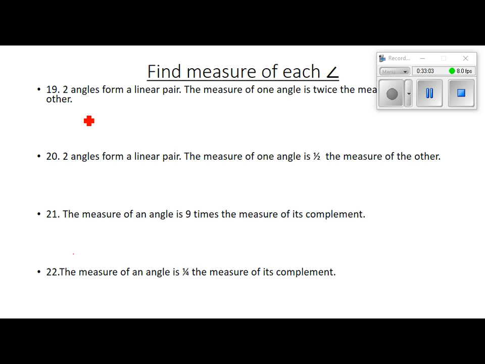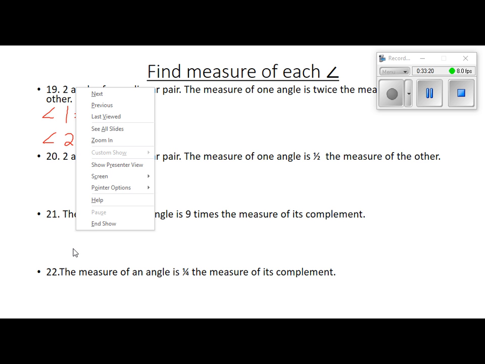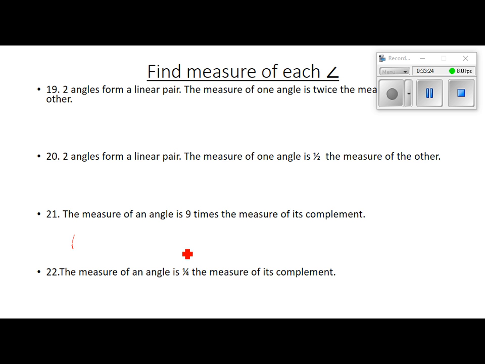Anytime you see a word problem, and anywhere in there it says 2 angles, I want you to start off that problem by doing this. Angle 1, angle 2. Ignore that stray mark there. Let me erase it.